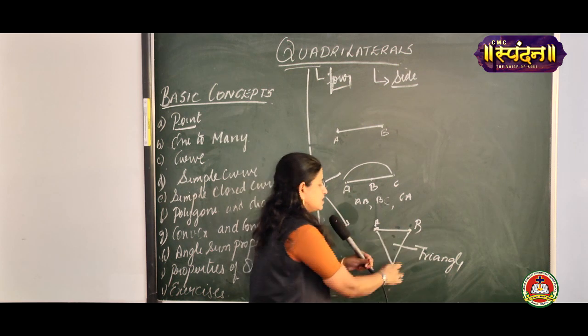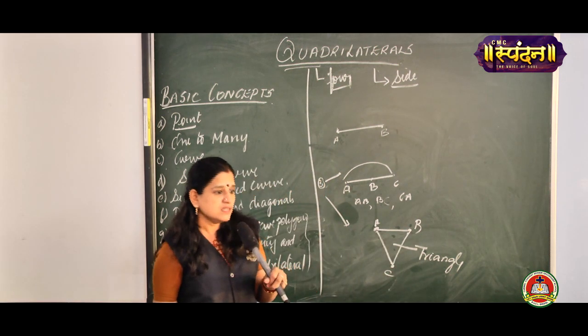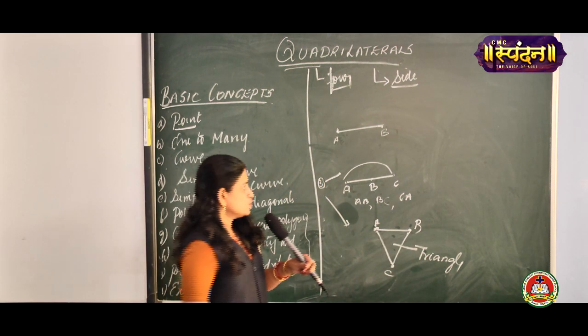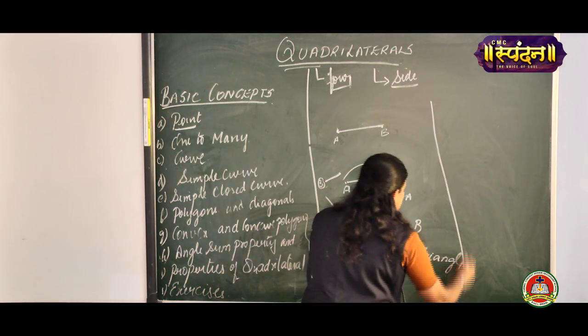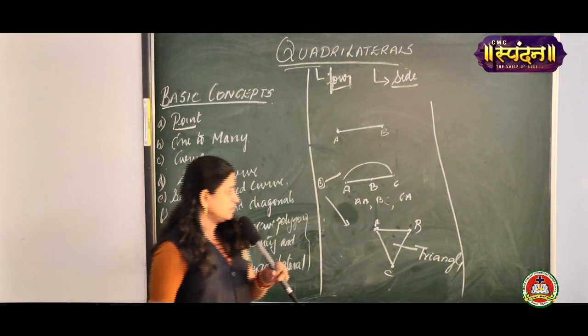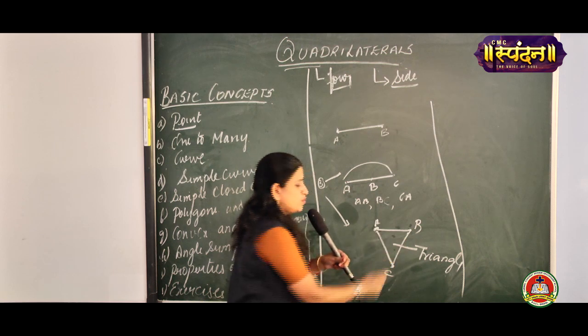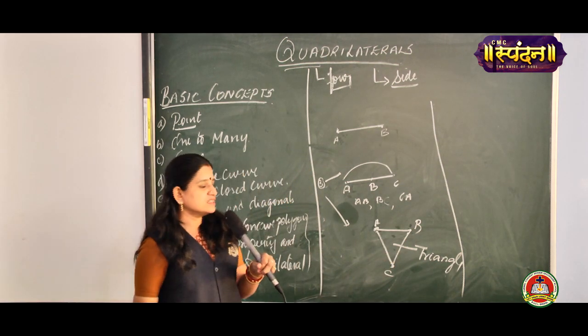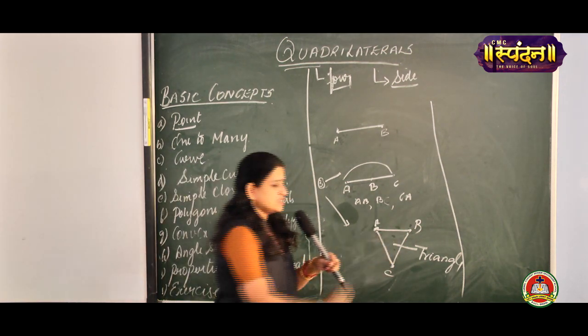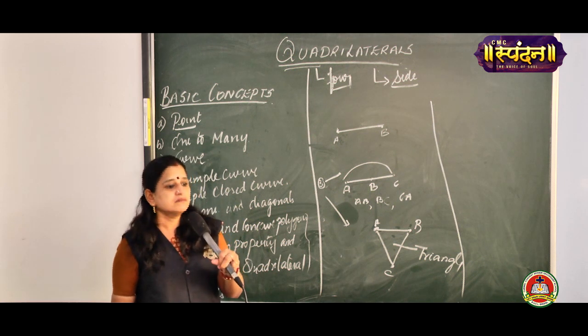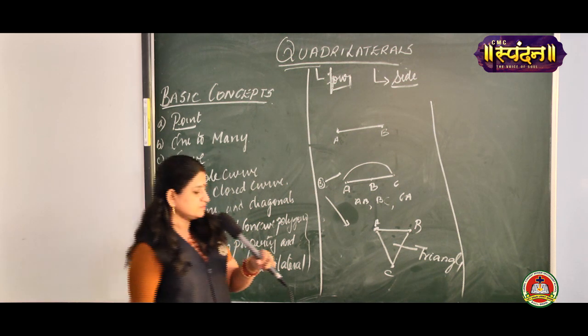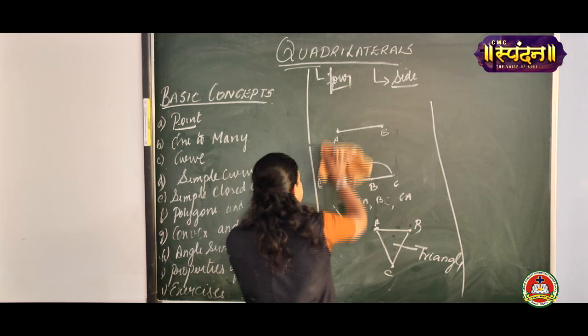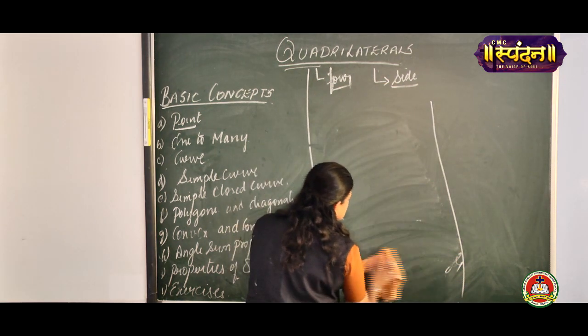That is, these 3 points are not on a line. When they are collinear, you get a straight line. And when 3 points are scattered here and there, you get a triangle.